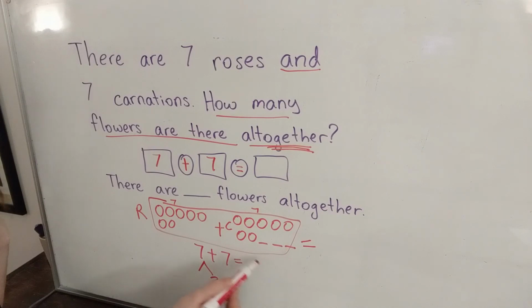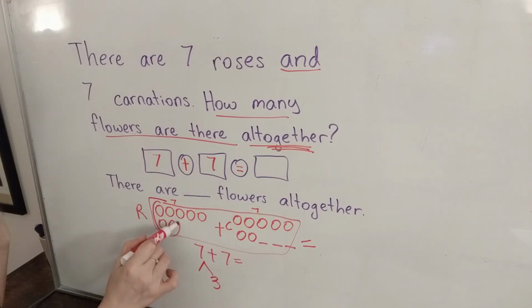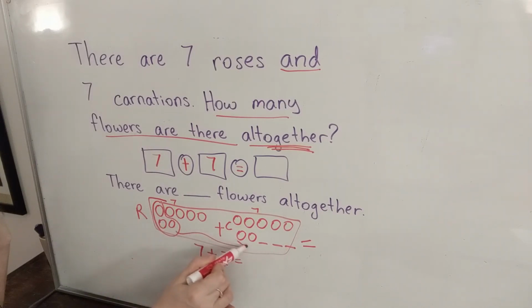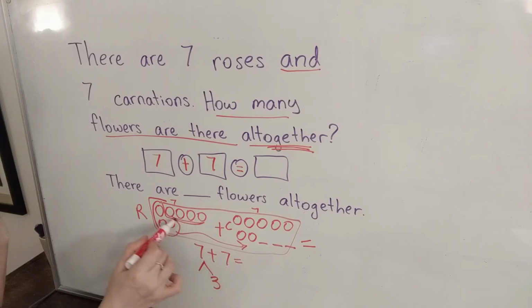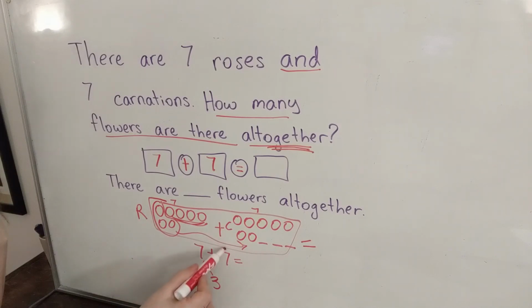You see that? So if we give this 3 to the 7, what's the other part left? 4. Now we're ready to add.